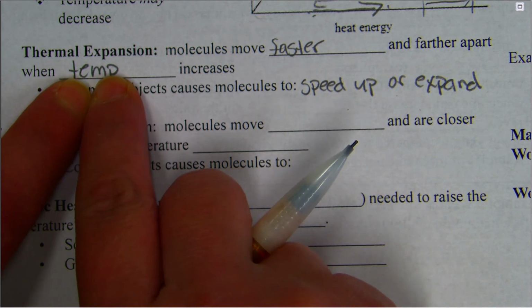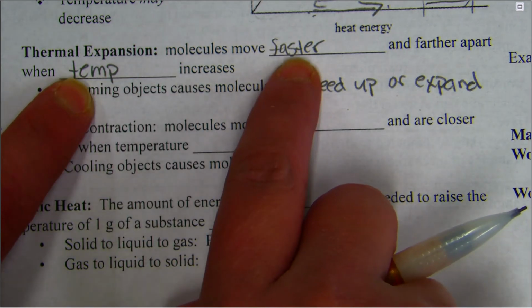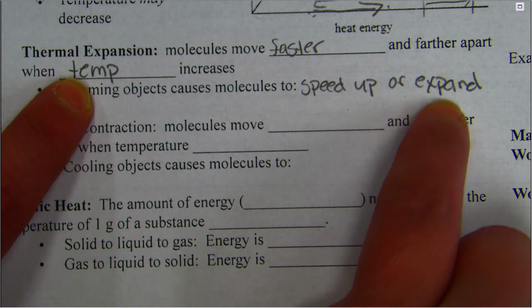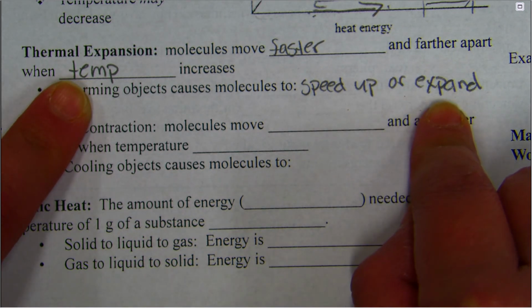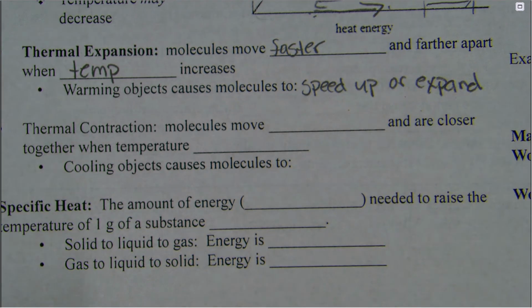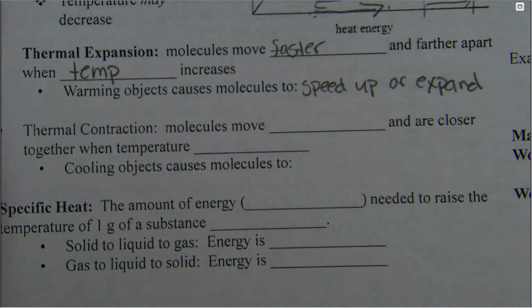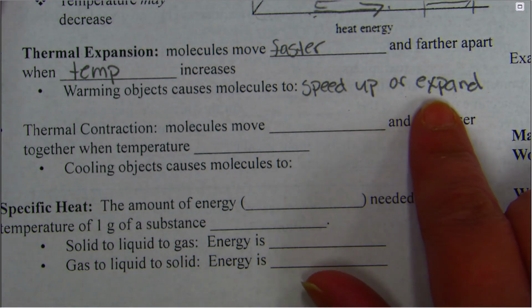The temperature increases, the air moves faster, they expand, and so the tire actually expands enough that your air pressure sensor goes off. Now, if your air pressure sensor goes off, you still probably need to add some air, because you want to check your manufacturer on the tires, because each tire is different, and make sure that you keep enough air in it according to whatever your tire is specified for.